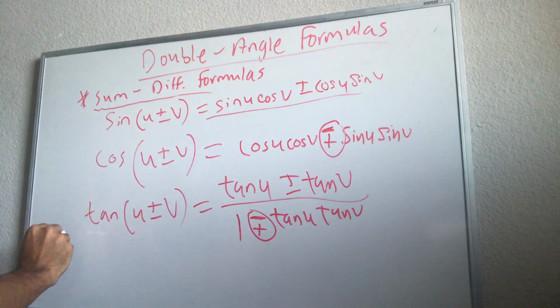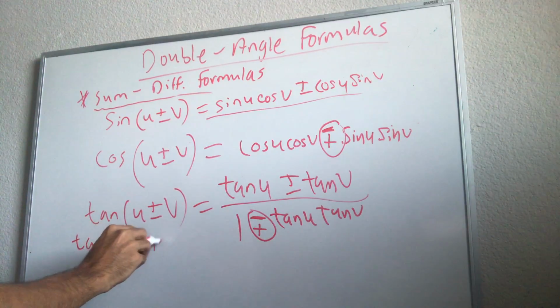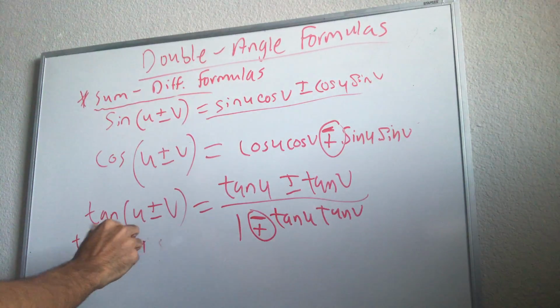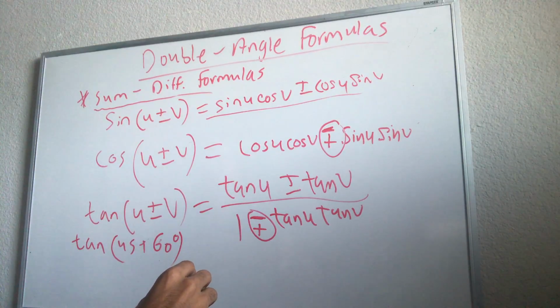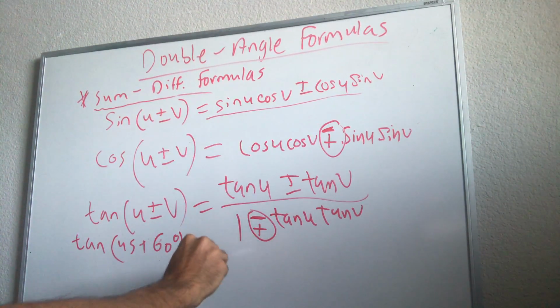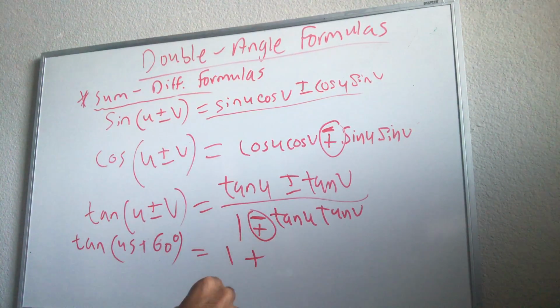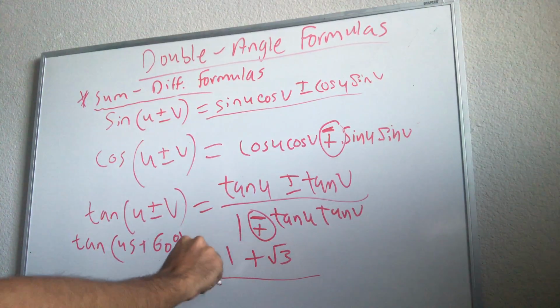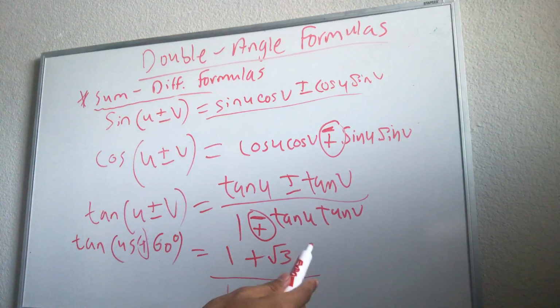For instance, let's say we have tan of 45 degrees plus 60 degrees. We do tangent of 45 degrees, which is 1, and we add that to tangent of 60 degrees, which is root 3. Then in the denominator we put 1, but we do minus because we have a plus in the numerator, so it's the opposite sign.